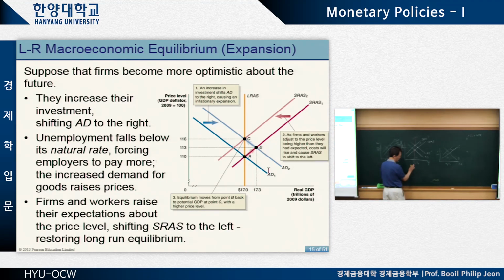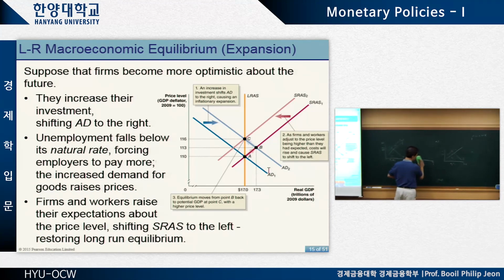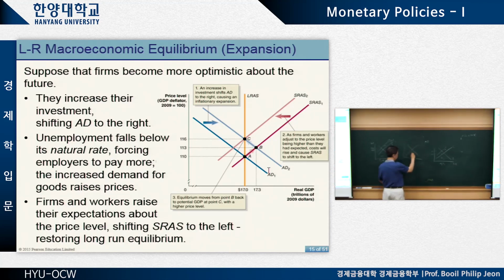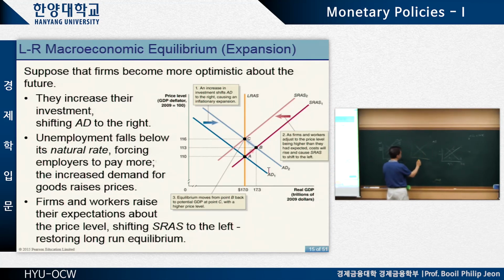So, suppose we are in equilibrium, but the potential income, potential GDP, could be here.